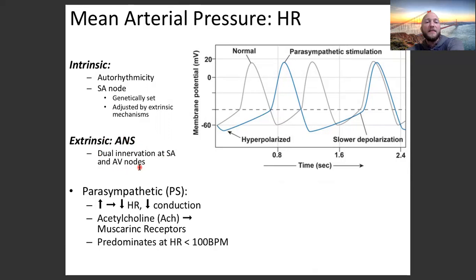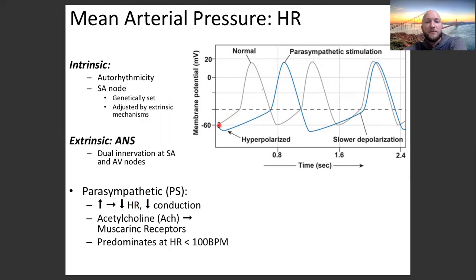So let's look at the parasympathetic effect. If you increase the frequency of signals from the parasympathetic system, you're going to decrease heart rate and decrease conduction. You can see on this graph the gray line is the normal autorhythmicity of a heart cell.